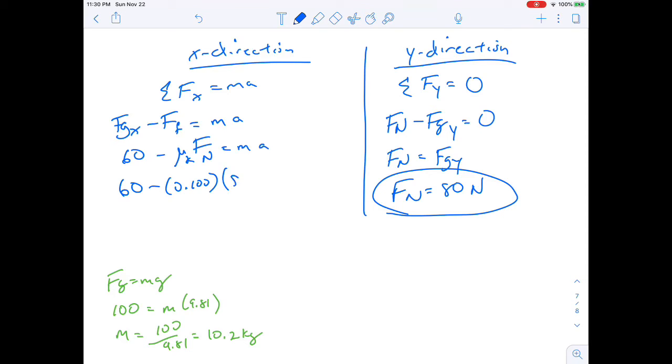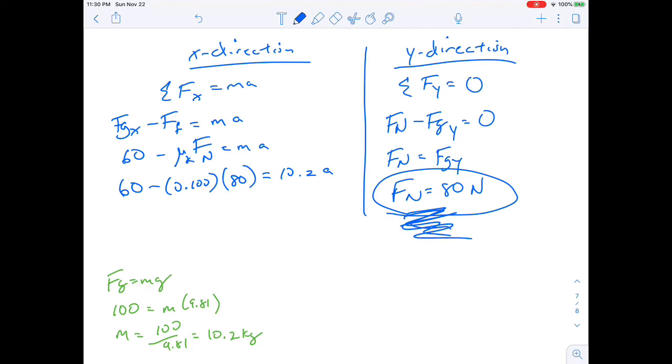Now note, this normal force I had to have gotten earlier, right? And as I discussed earlier, if the angle of the ramp is higher, this normal force becomes less and less. If the angle of the ramp becomes more and more horizontal, or the angle gets smaller, this normal force will change and get larger. So that normal force component is important.